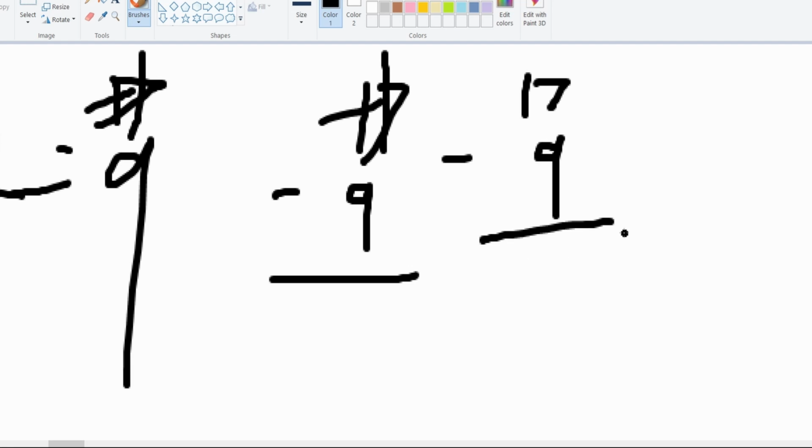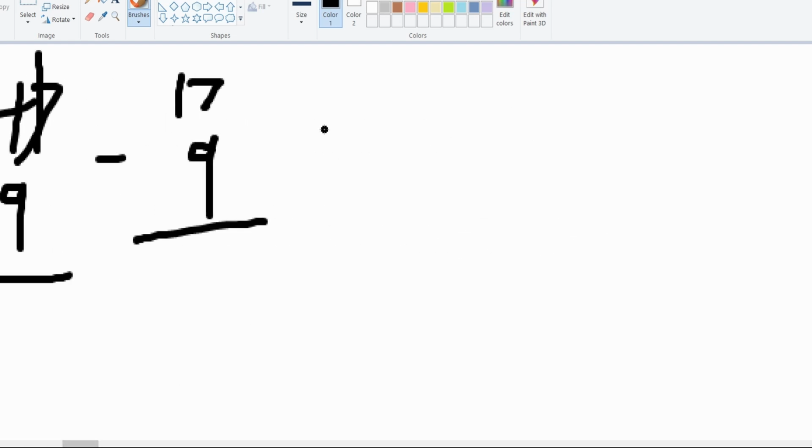Next, we cross out the 1 and move it in front of the 7. So now instead of having 7 minus 9, it's 17 minus 9.